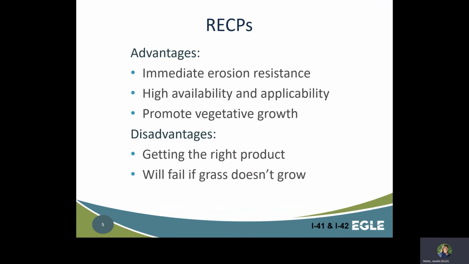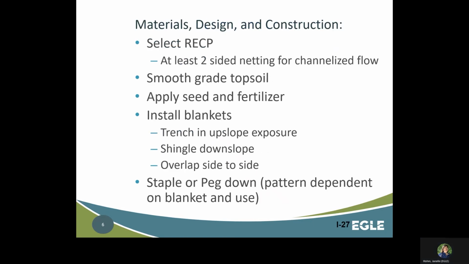If assistance is needed to select the appropriate blanket for a particular site, design software is available to help in making this determination. In areas of channelized flow, it's important to choose high velocity or double-sided netting types of erosion control blankets. Rolled erosion control products are designed to be rolled in the direction of flow.